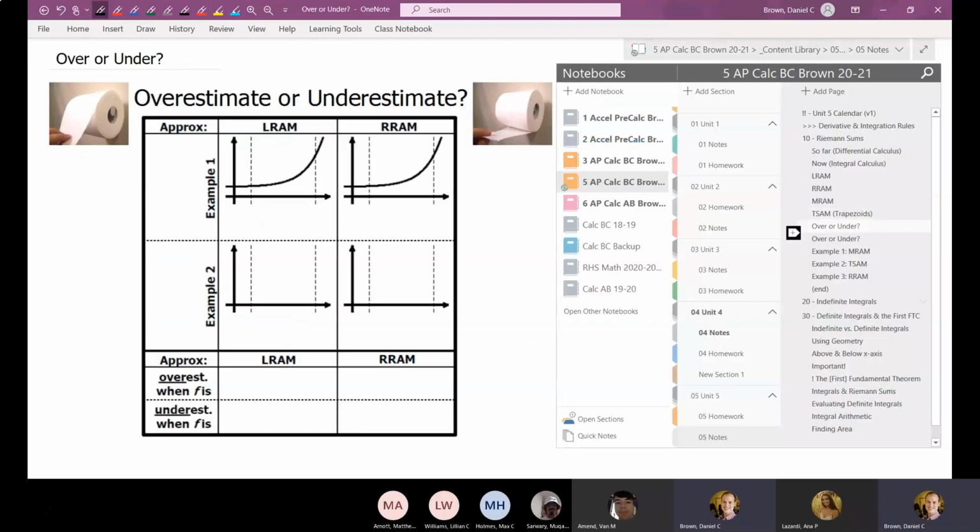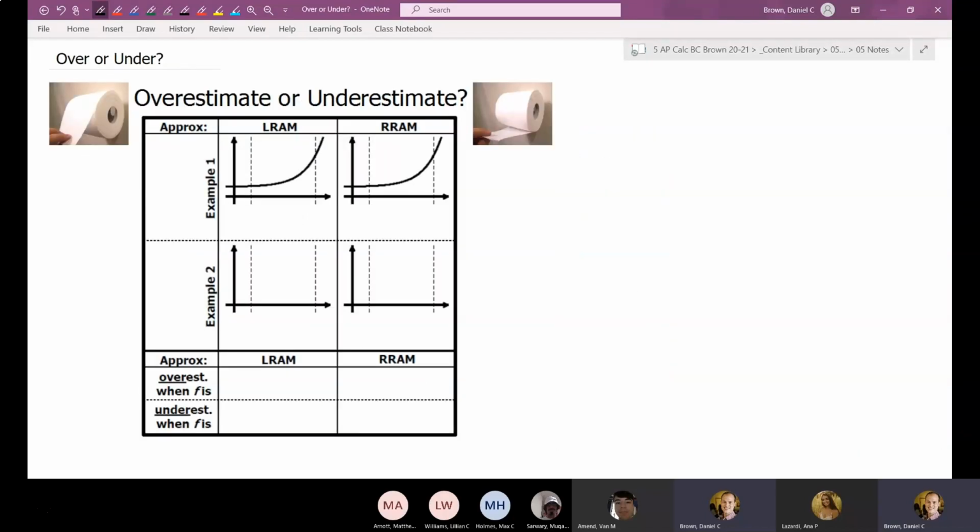So when I think about whether things are over or under, I kind of group LRAM and RRAM together in my head. And then I will also group LRAM and TRAM together in my head. I know LRAM is not a trapezoid, it's a rectangle, but it behaves in some ways more like TRAM when you're talking about whether it's over or underestimating.